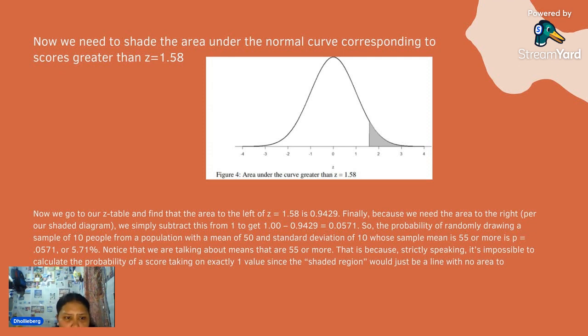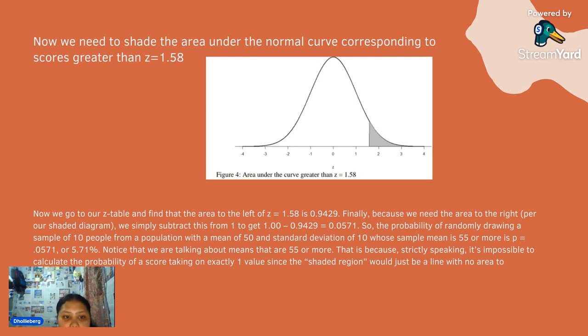which gives 0.0571. So, the probability of randomly drawing a sample of 10 people from a population with a mean of 50 and a standard deviation of 10 whose sample mean is 55 or more is P equals 0.0571, or 5.71%, since it is out of 100.